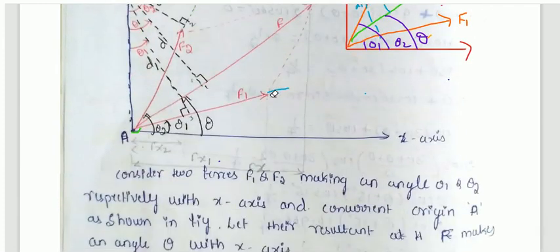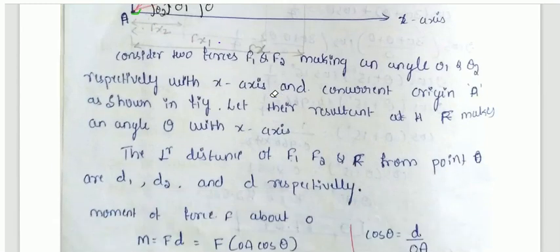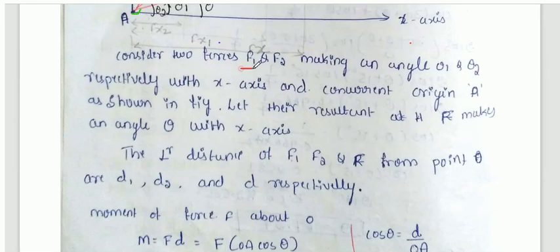So now, as I have explained the same thing here, consider the two forces F1 and F2 making angles theta 1, theta 2 with respect to the x-axis. Whatever consideration you used to draw the schematic representation, you need to write in words here.